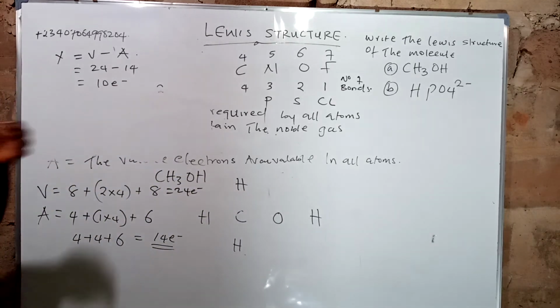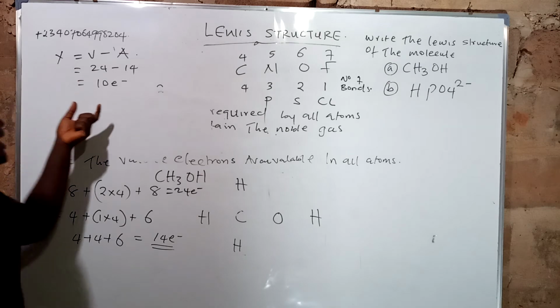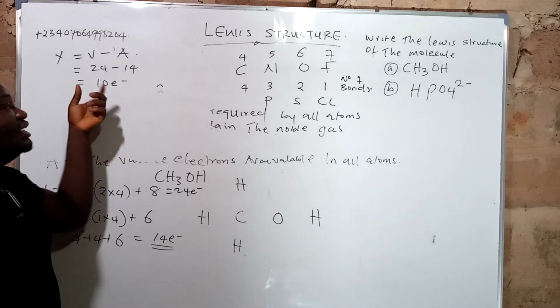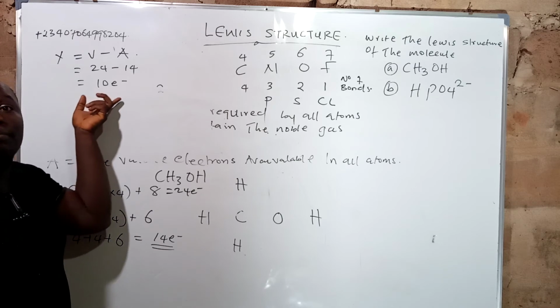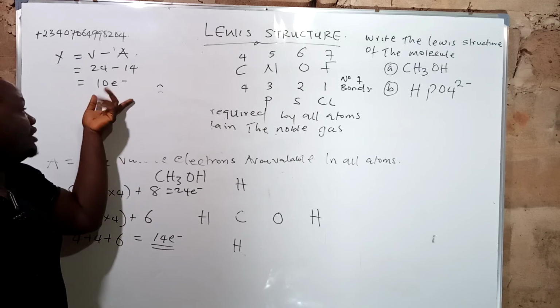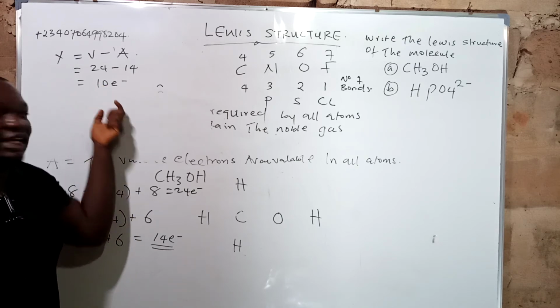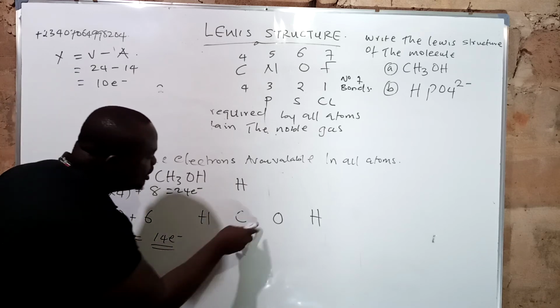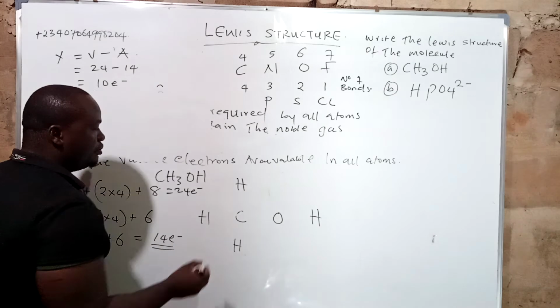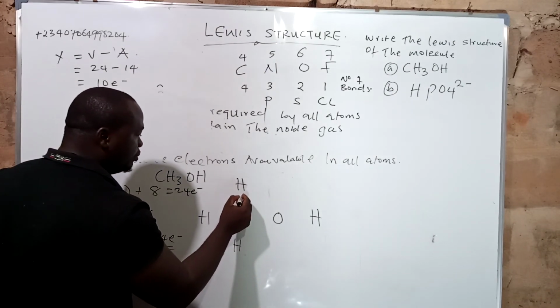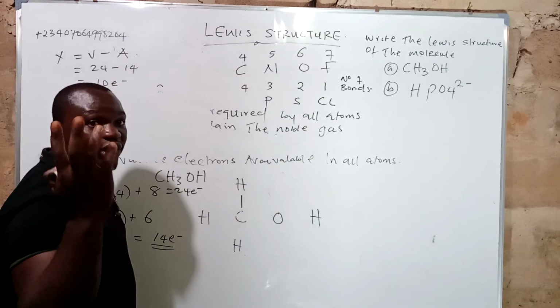Now, once you get your X, you have to carry 4 pairs, and 4 pairs means 8 electrons here. We have 10, and they say carry 4 pairs and distribute among the central atoms. Remember, each bond here is 2 electrons.